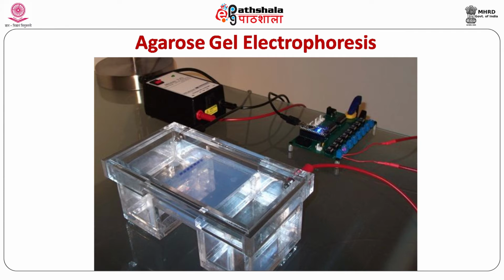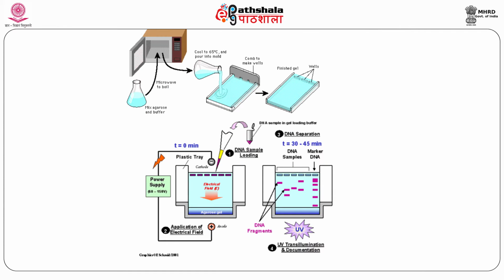Once the power supply is on, the DNA fragments which are negatively charged move towards the positively charged electrode. The rate of migration of DNA depends on the shape and of course the size. Smaller and linear fragments move faster than the larger ones.